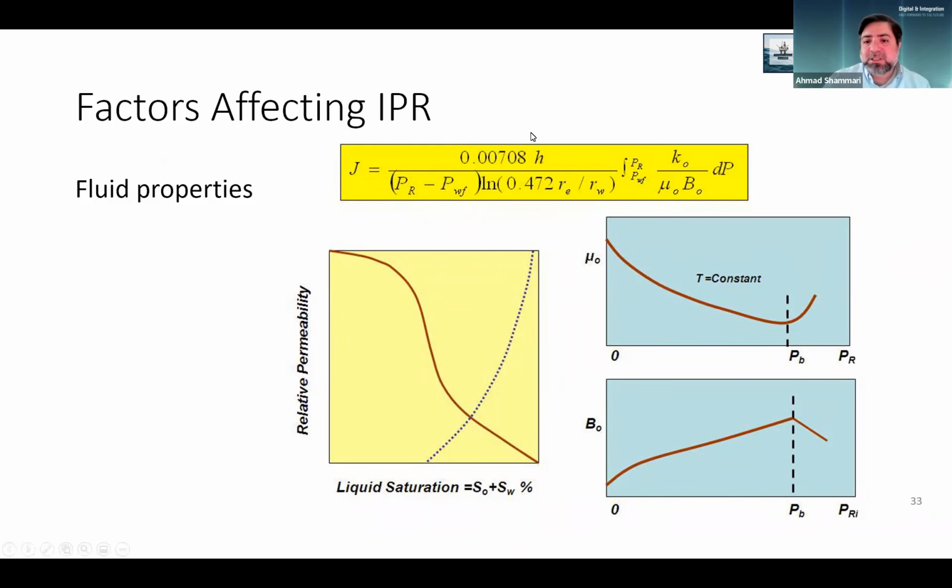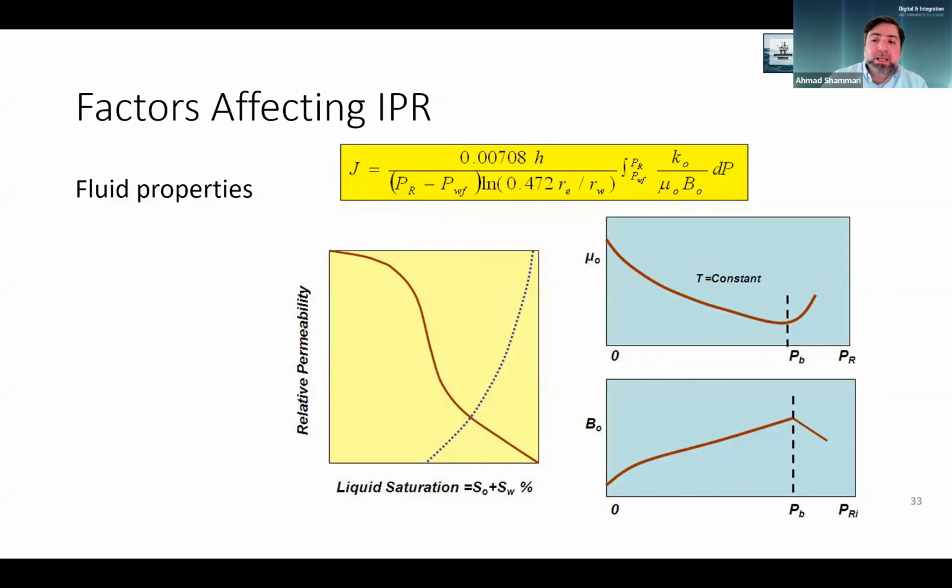So for example, this form here is an analytical form that takes into consideration the permeability, viscosity, and formation volume factor. You will notice that this is KO, BO, mu O, which is basically oil.